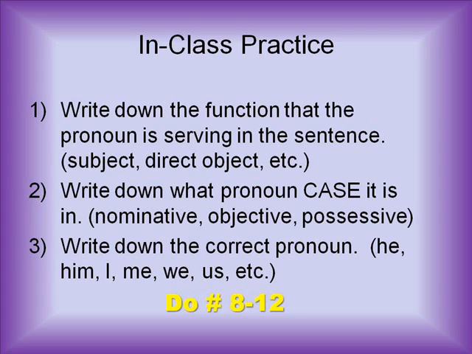Second, write down what pronoun case it is in. If it's the subject, you're going to need the nominative case. If it's the direct object, the objective case, and so on. Finally, write down the correct pronoun. Write down what the right answer would be. So I want you to go ahead and do number 8, 9, 10, 11, and 12. Pause the video right now, and when you're ready for the answers, go ahead and start it again.